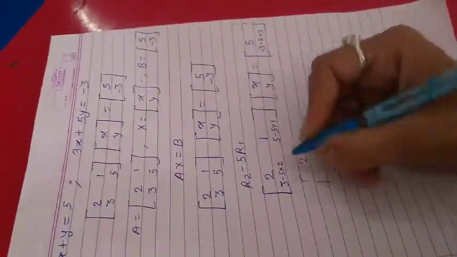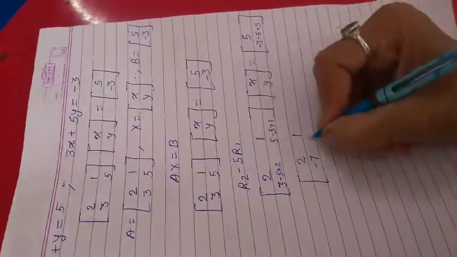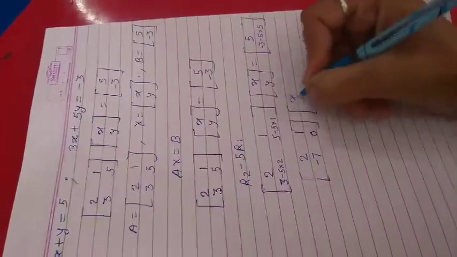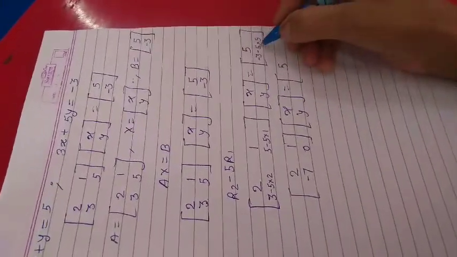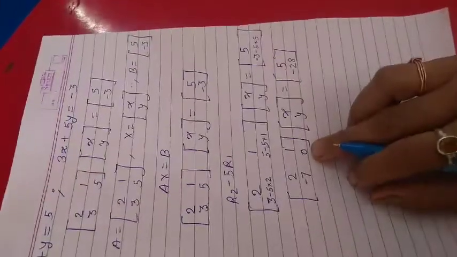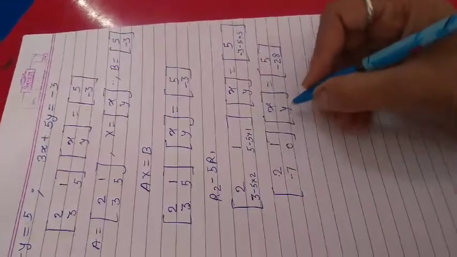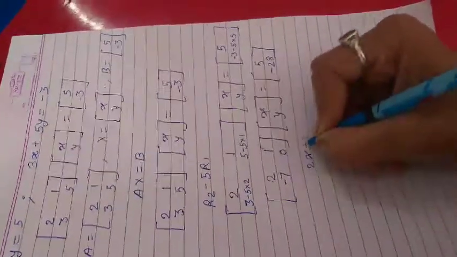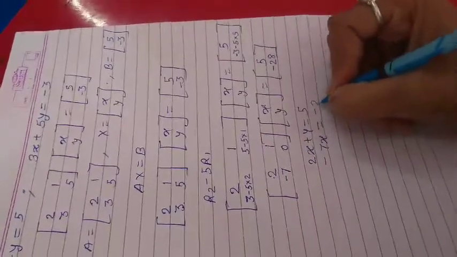So this is 2. This is 3 minus 10, which means minus 7. 1, 5 minus 5 means 0. [x; y]. And this is 5. 5 fives are 25, minus 25 minus 3 means minus 28. Now here we've got the y variable as 0. So we'll write the equations: 2x plus y is equal to 5, and the second one is minus 7x is equal to minus 28.